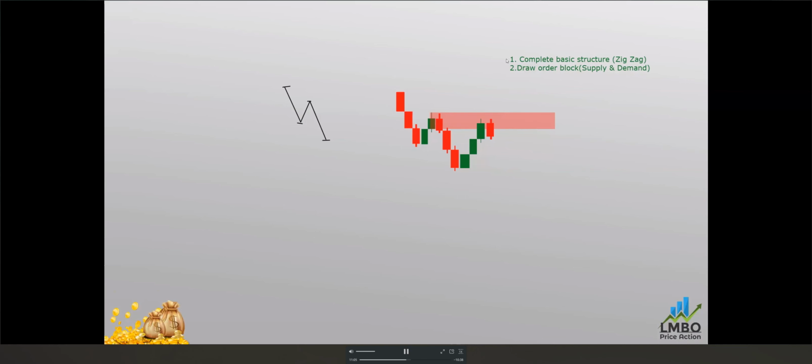So number 3: wait for price to close inside the order block and the confirmation candle to form.